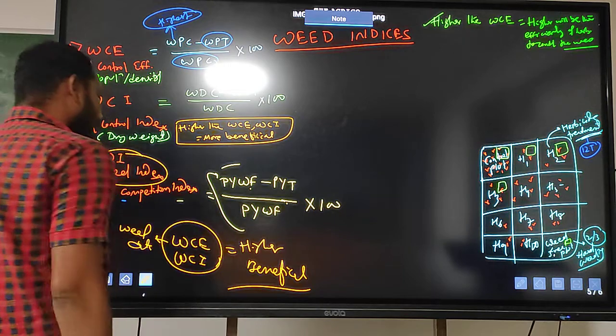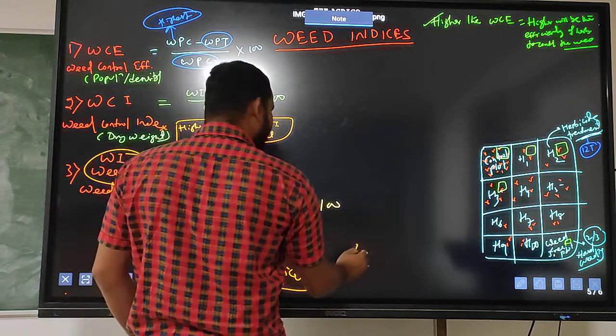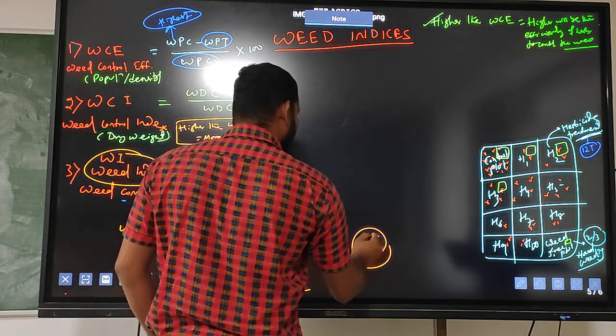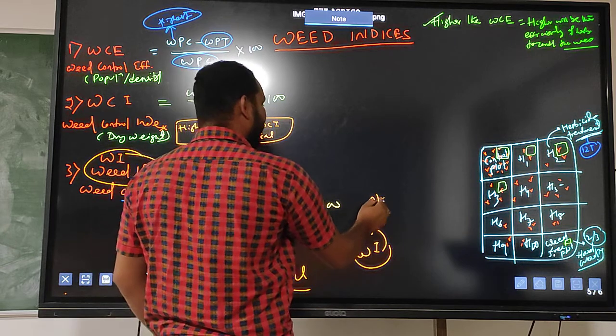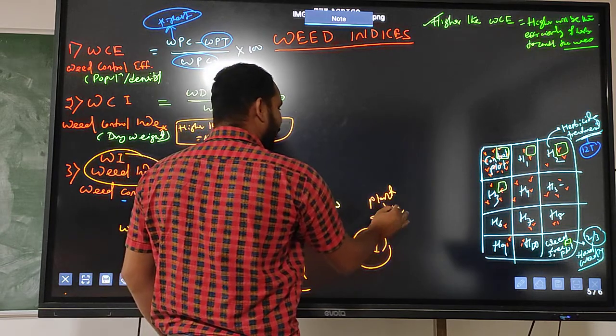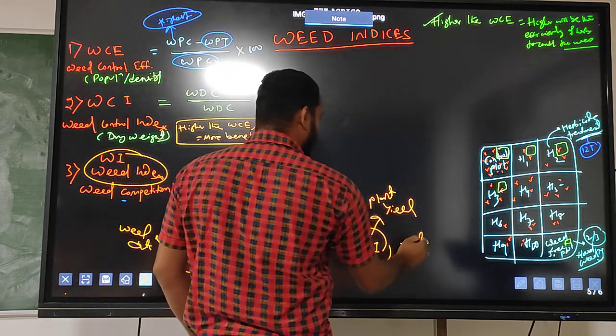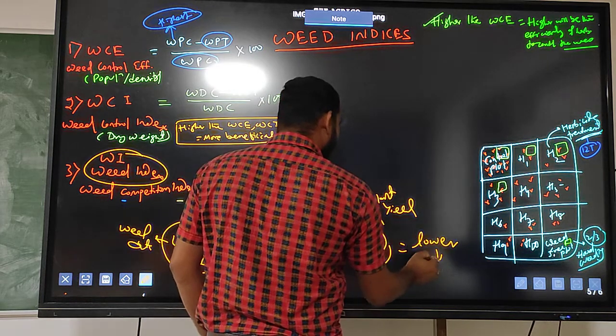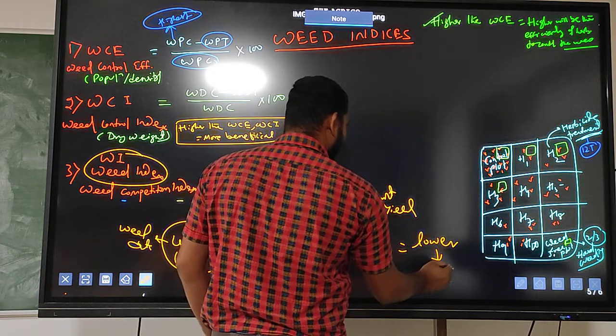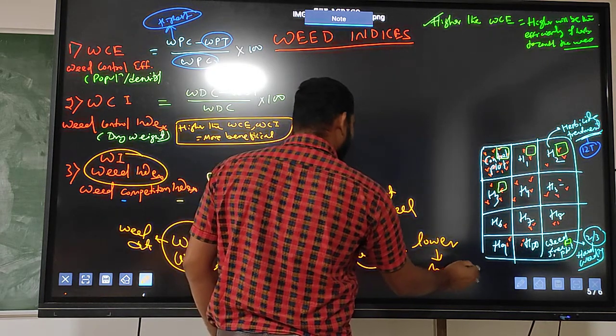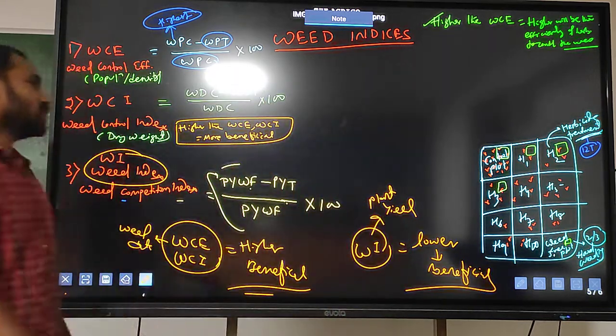But for weed index, plant yield data is required, and the lower the value, the more beneficial it is. This is the thing you just remember.